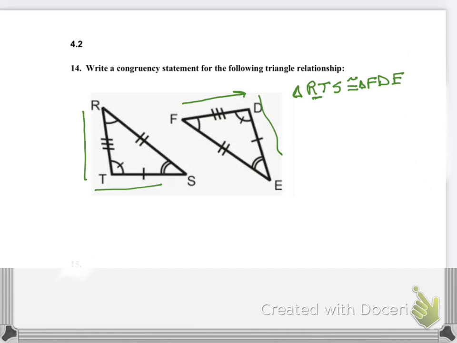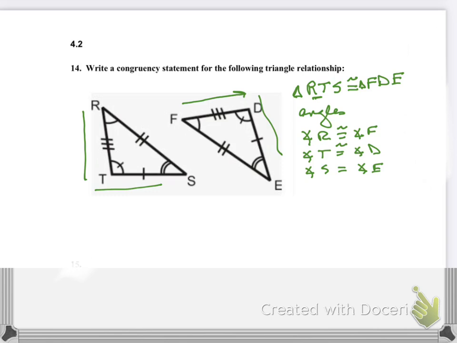Okay, so now I'm in the position to be able to write my angle pairs, because I'm going to ask you to do this on the quiz. So let's pair up all my angles using your congruency statement. Angle R is congruent to the first one, angle F. The second angle is congruent to the second letter over here. The third is congruent to the third.